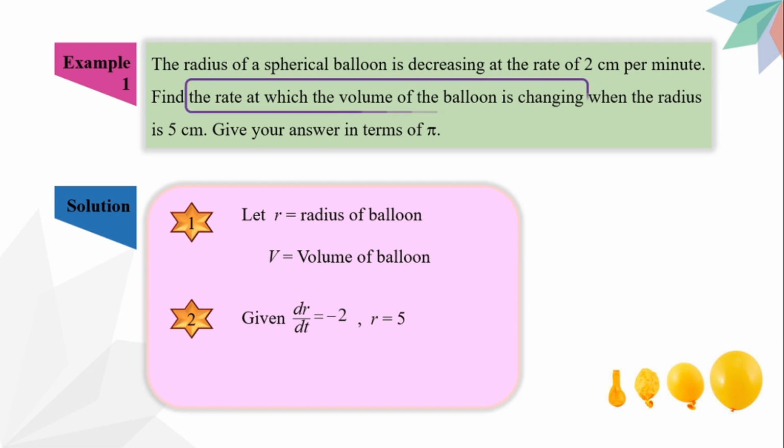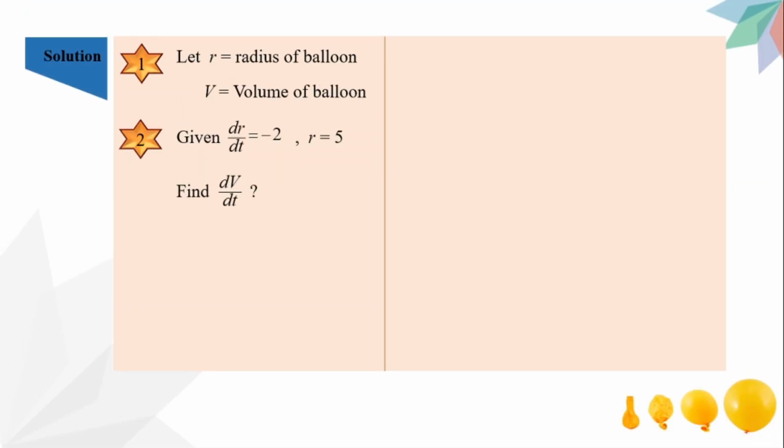The question asks us to find the rate at which the volume of the balloon is changing, and this can be written as dV/dt. So now, all the information provided is recorded. We proceed with step 3, in which we write the spherical volume equation, that is V equal to 4 over 3 pi r cubed.